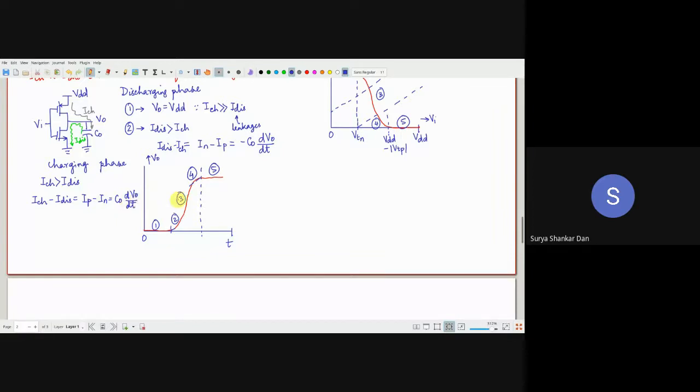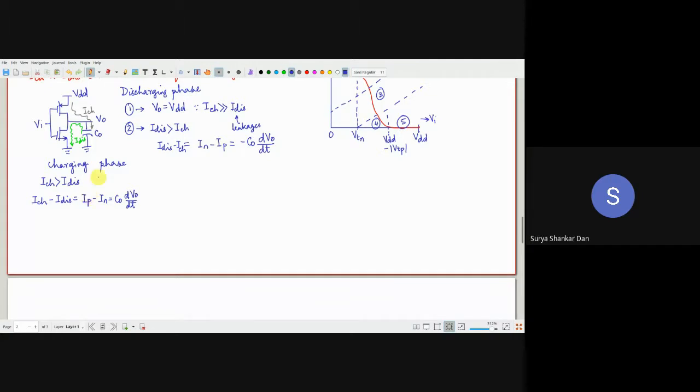Okay, so the whole point of this discussion is that even though we have ignored the other part, for the charging phase we thought that IP is equal to CO dVO/dt, and we tried to figure out whether IP will be in the saturation region or linear region.